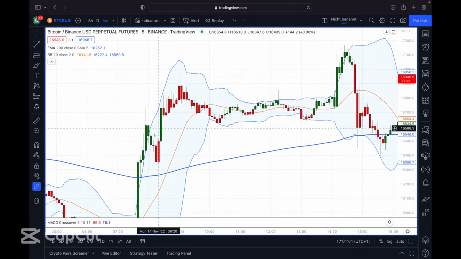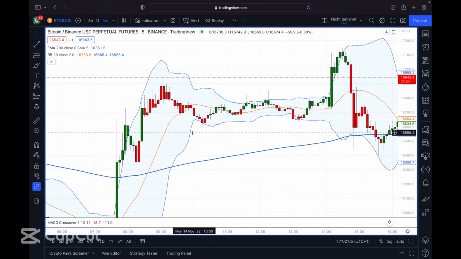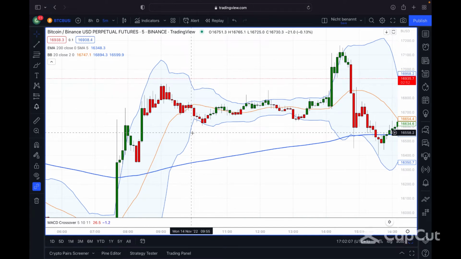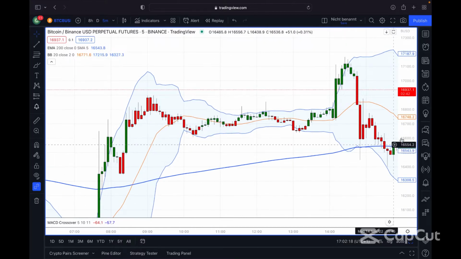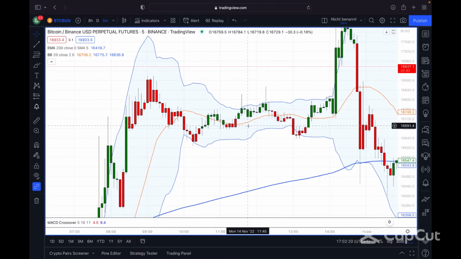For our entry, we have to wait for the price action to come to the lower band of the Bollinger Band. This usually indicates that the price is right now oversold. And after that we are looking for the MACD crossover.